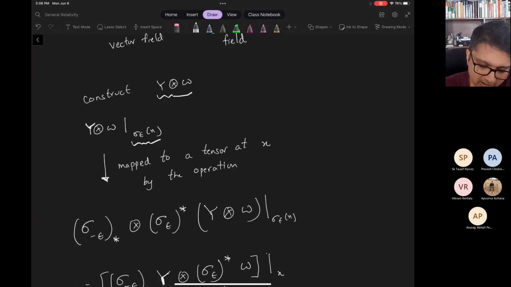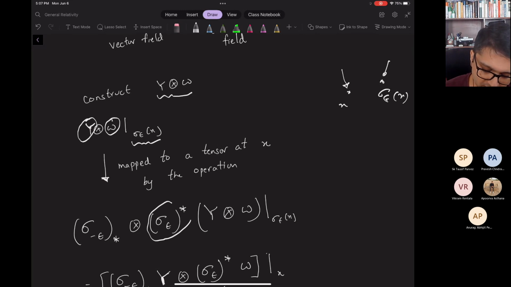Now this is x, this is sigma epsilon of x. And now we want to take this tensor, which is at this point, and bring it back to this point. So what do we do? Well, we pull back vectors and we pull back dual vectors. We can pull back dual vectors using this map. We can pull back vectors using the inverse map and the push forward.